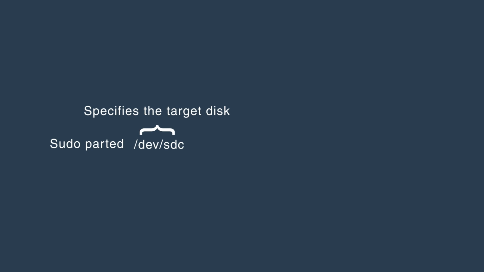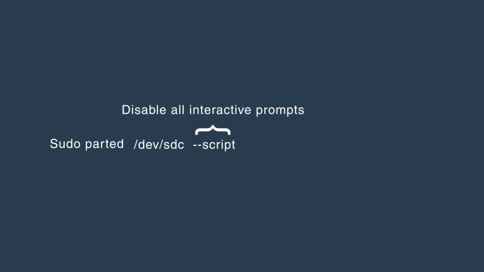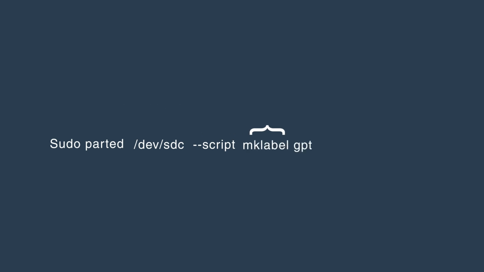For the first one, parted means a disk partition utility, and then there's /dev/sdc. This is what kind of disk you are targeting, and then --script means disable all interactive prompts, and then you have mklabel gpt, which creates a new GPT on a disk, erasing any existing partition table.